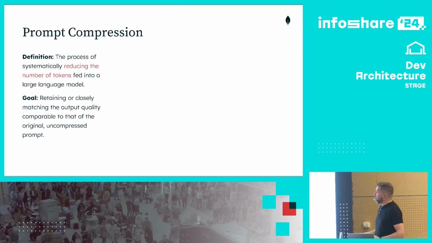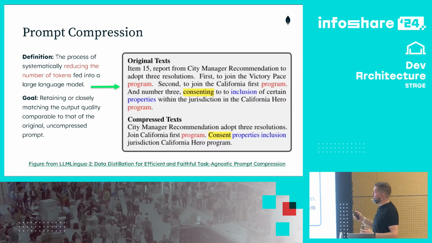So what is prompt compression? Prompt compression is the process of reducing the number of tokens fed into a large language model. So just making the amount of tokens smaller. Our goal here is to closely match the output quality compared to the original uncompressed prompt. So here's an example of an uncompressed prompt versus the compressed prompt.